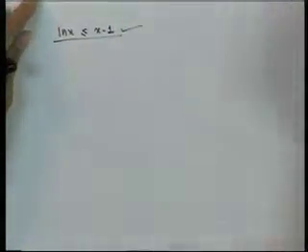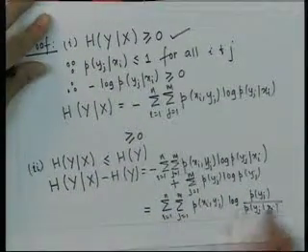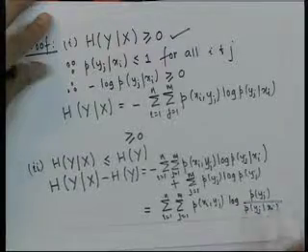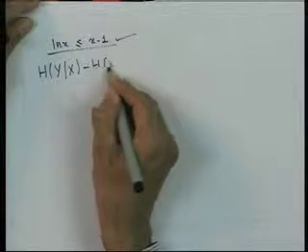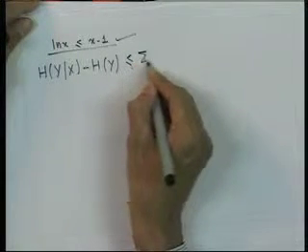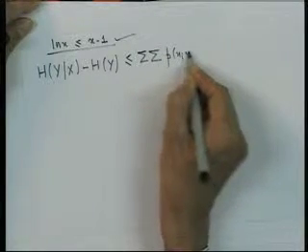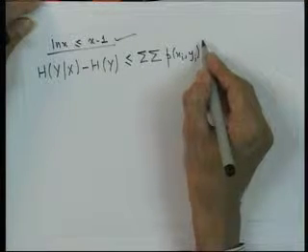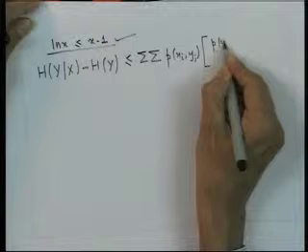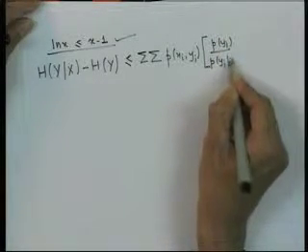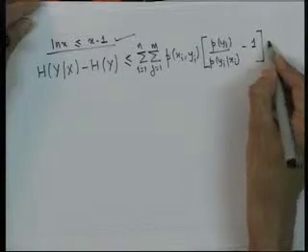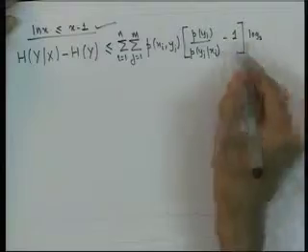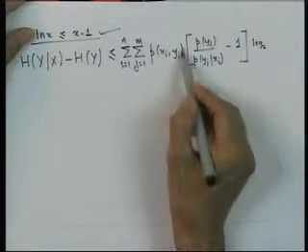If I use this property, with x equivalent to this quantity here, then I can write that h of y given x minus h of y is always less than or equal to the double summation of probability of xi yj, probability of yj, with i equal to 1 to n and j equal to 1 to m, multiplied by a factor, because this expression is with respect to the natural base, whereas we have log to the base 2 here.